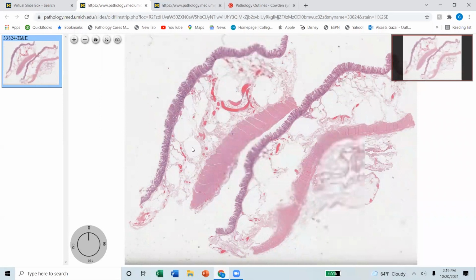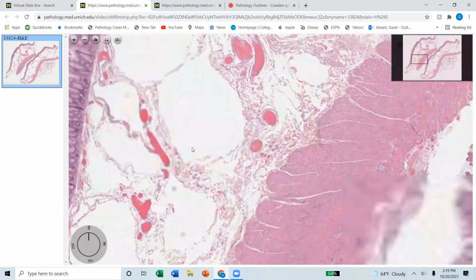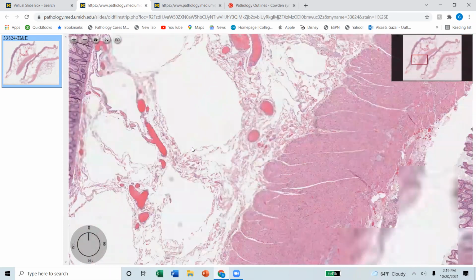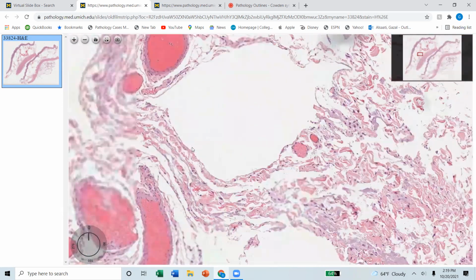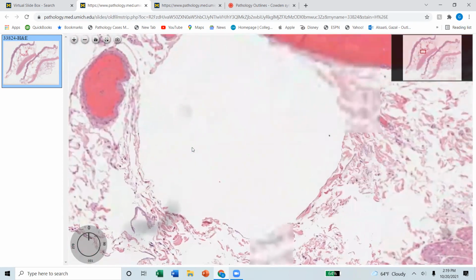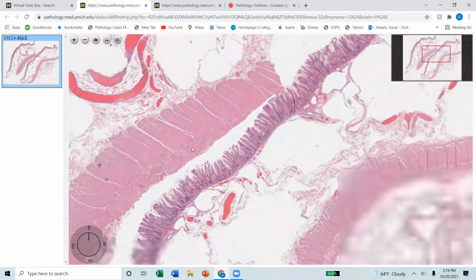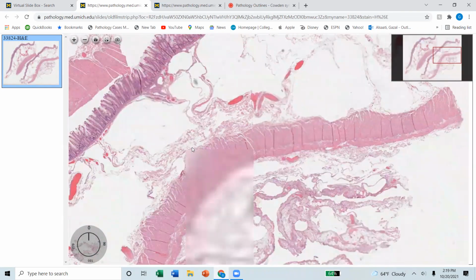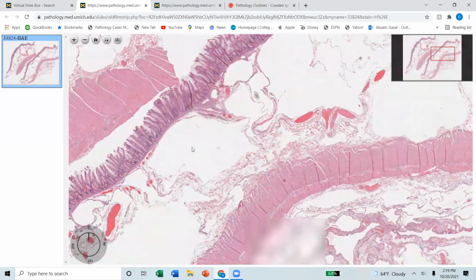This could be iatrogenic, this could be whatever, but once you look at the lining of these cells, you will have foreign body giant cell reaction, which I don't see here. The foreign body giant cell reaction happens because of its chronicity and the body is trying to react to it, but I don't see it here.